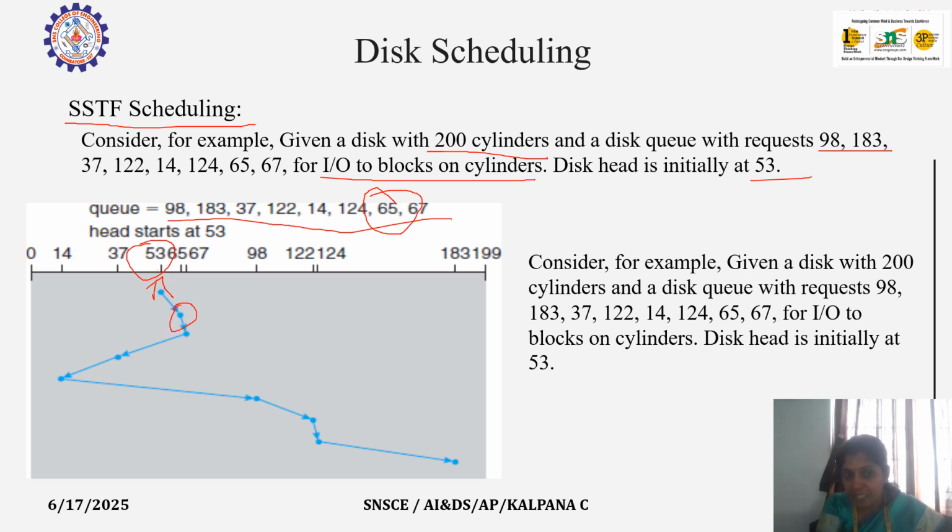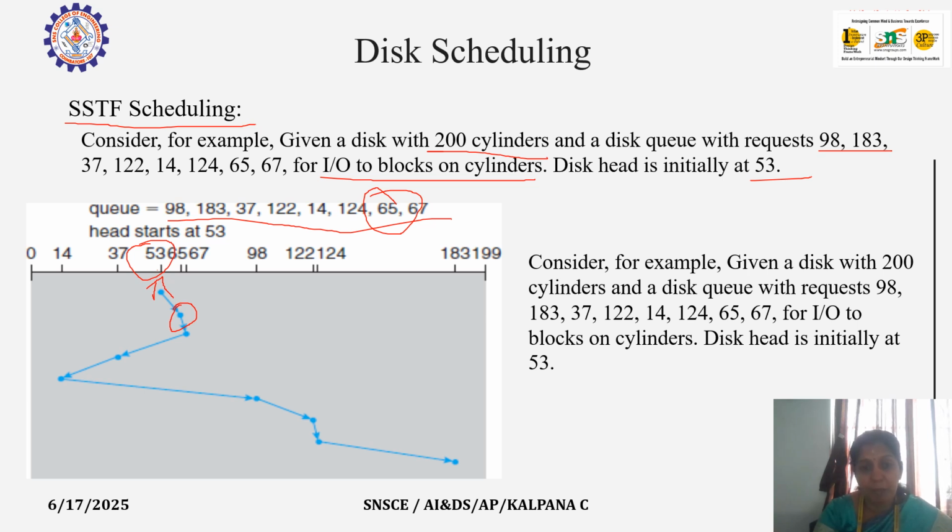Now the head position is at 65. So you have to subtract 65 from 98, 183, 37, 122, 14, 124, like that.